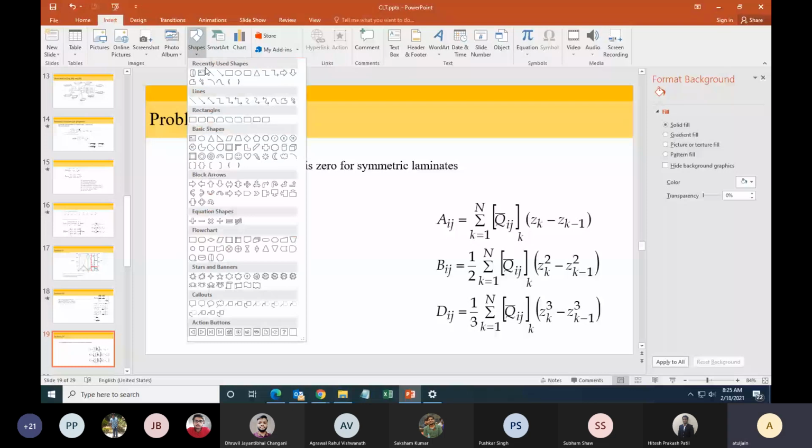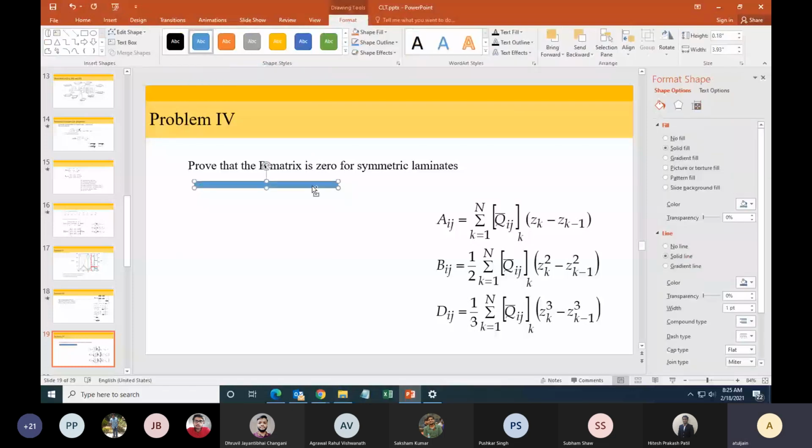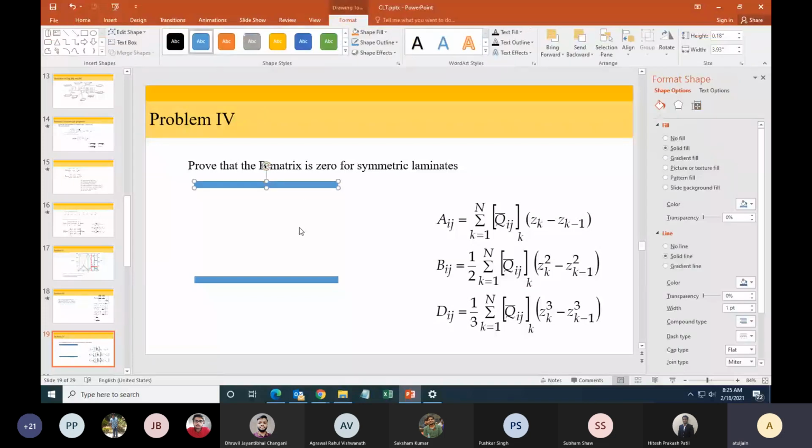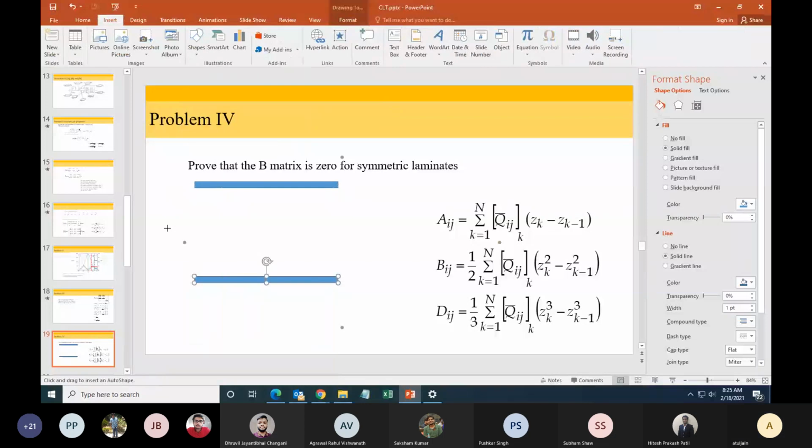Yes, that is right. Basically, you are getting a system where every layer has its mirror image layer in the upper and bottom. So if I'm looking at the bottom, then there is one layer above which has a similar distance from the mean line. Correct?